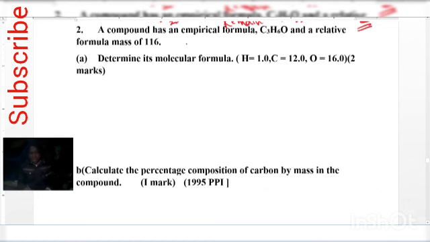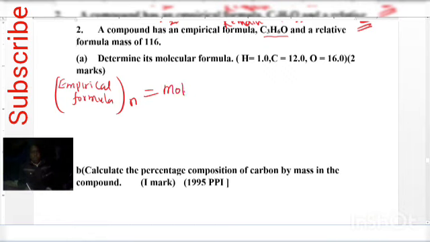A compound has an empirical formula C3H6O, and the relative molecular mass is 116. Determine its molecular formula. We have been given the RAM of each. One thing we need to know is that the empirical formula times a number n will be equal to the molecular mass.